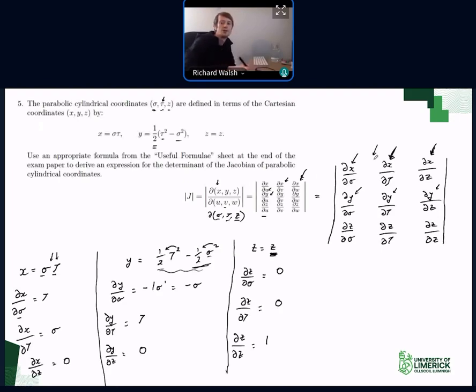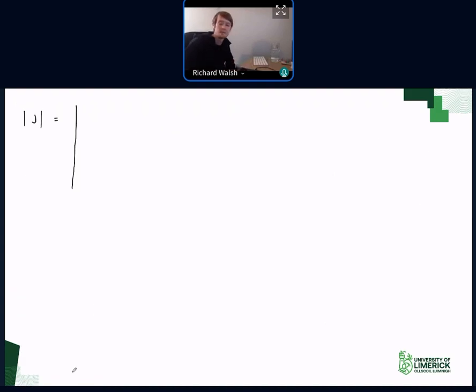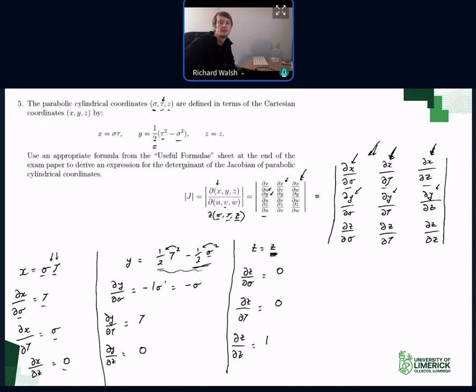So my x partial derivative, I'm not going to write out that matrix again, but the x partial derivatives go along the top. So I'll have tau, sigma, and 0 along the top. The y partial derivatives go next.